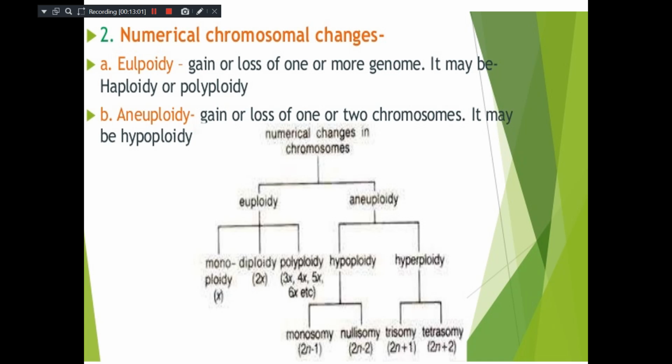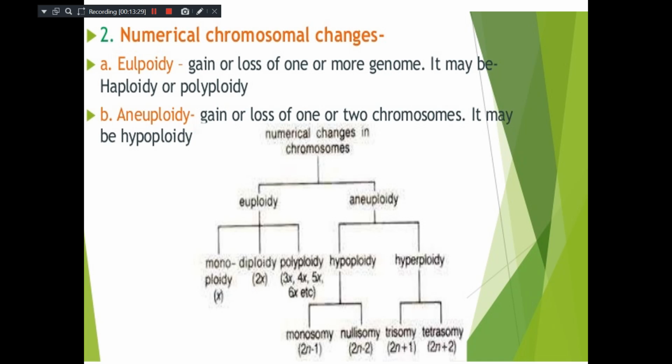One is chromosomal aberration. Then the numerical chromosomal changes. Second, sometimes the chromosome number may change: euploidy and aneuploidy, which all of you know. Euploidy is gain or loss of one or more genomes.